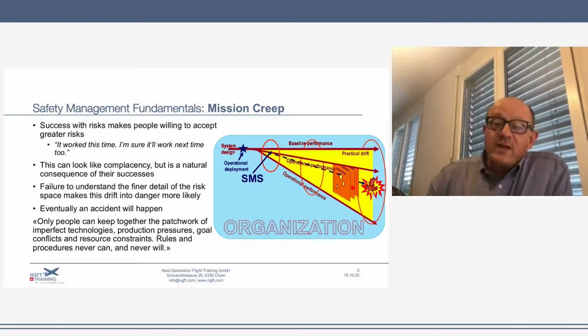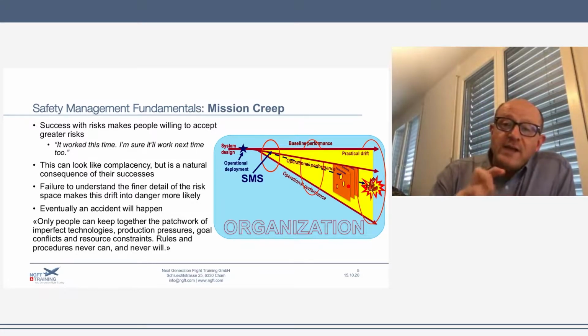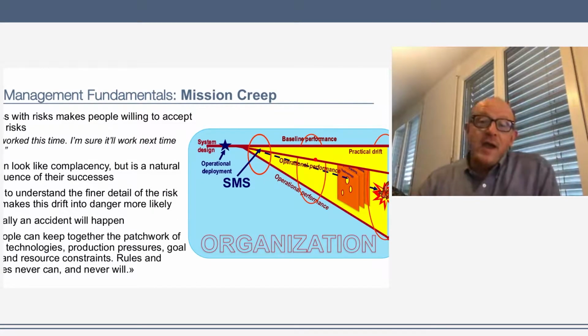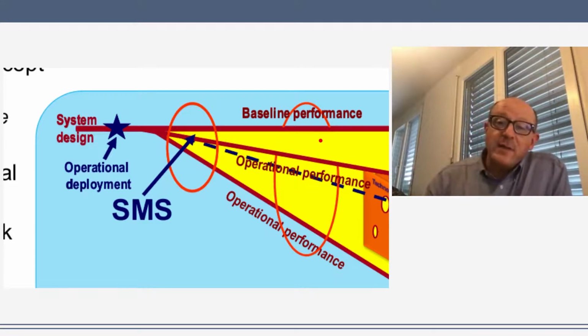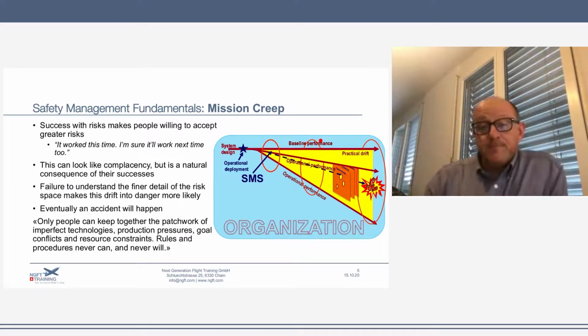So we deviate from our baseline performance. And once we do that, actually we run the risk of producing accidents. So if we don't understand the finer details and if we are not able to measure if we deviate and how much we deviate from our baseline performance, sooner or later an accident will happen.